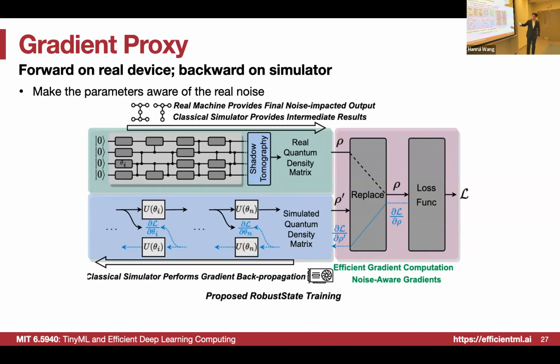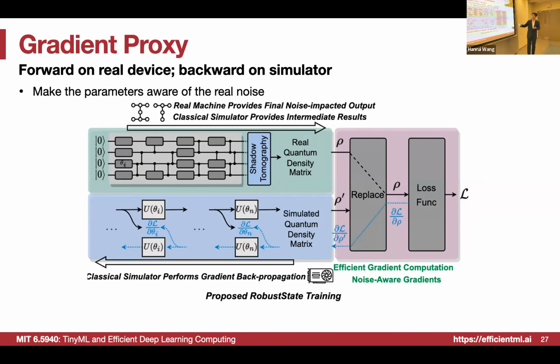Then we can run another simulation in parallel with the real execution. Say there are 4 layers here; I can run the classical simulator for 4 layers and also obtain a density matrix from the simulation. So that's 2 parallel processes: one is the actual device running, another is the simulation. But the simulation doesn't have any noise, while the real device execution is impacted by the noise.